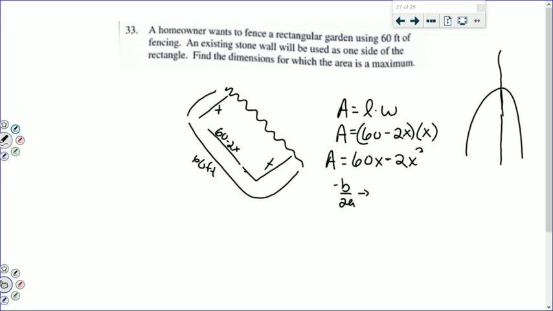In this case, it's going to be negative 60 over 2 times negative 2, which is negative 60 over negative 4, which is going to be positive 15. So this bend right here, or the width, or the length, sure, let's go to the length. Length is equal to 15.